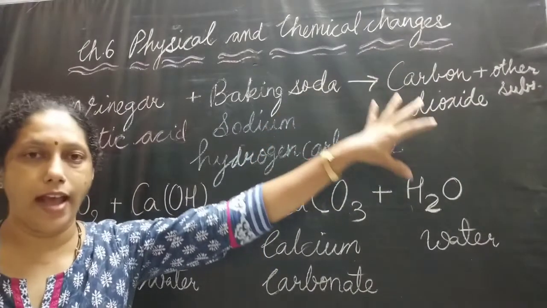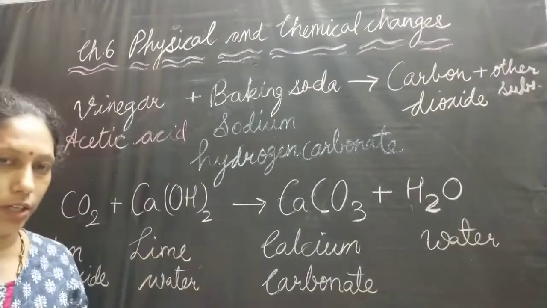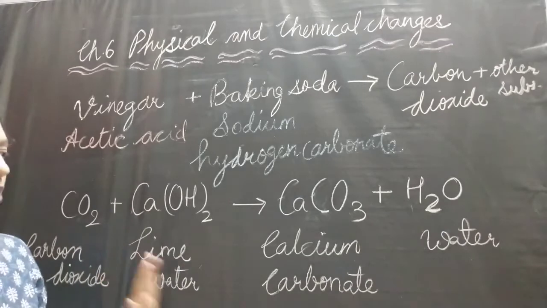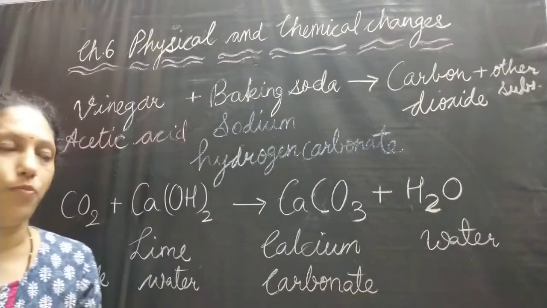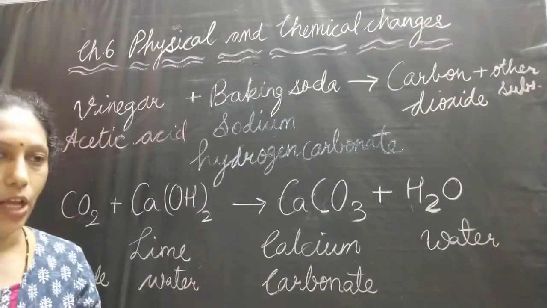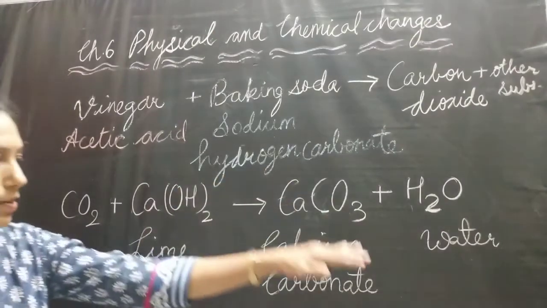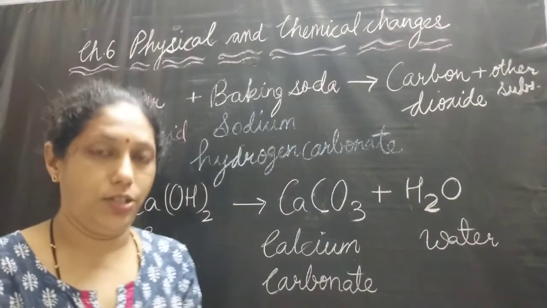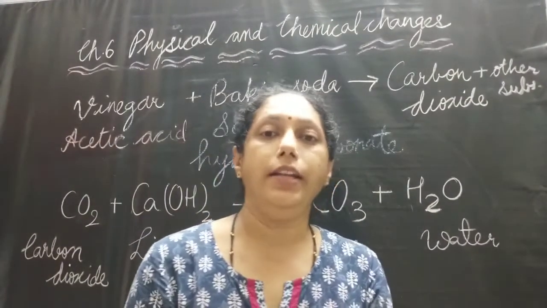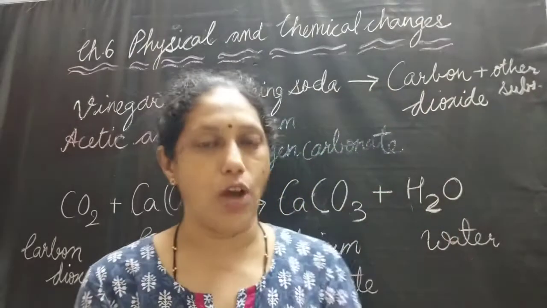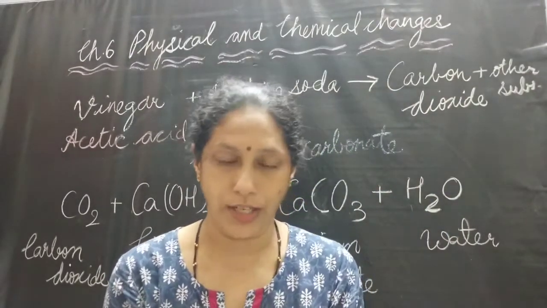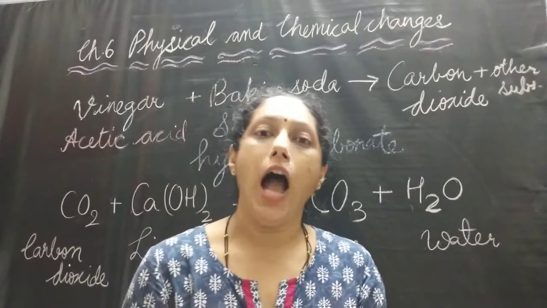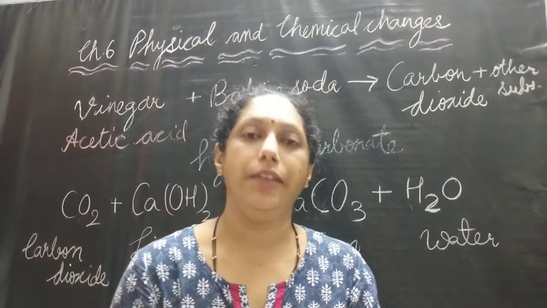This carbon dioxide gas is then allowed to pass through the lime water, which is chemically calcium hydroxide, and at the end of this reaction, calcium carbonate is formed, which turns the lime water milky. So calcium carbonate and water are formed at the end. In the first reaction, carbon dioxide gas is evolved, which is a new product, and calcium carbonate and water are the other new products of this reaction.